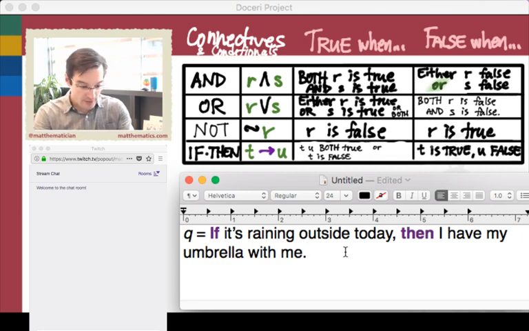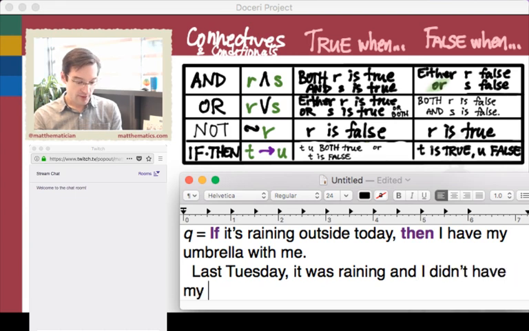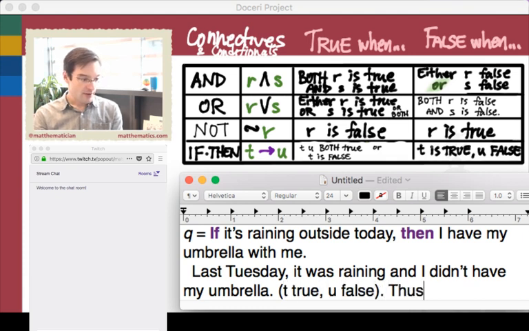So last Tuesday it was raining and I didn't have my umbrella. So this is saying T true and U false. Thus, T implies U is false in that case, right?